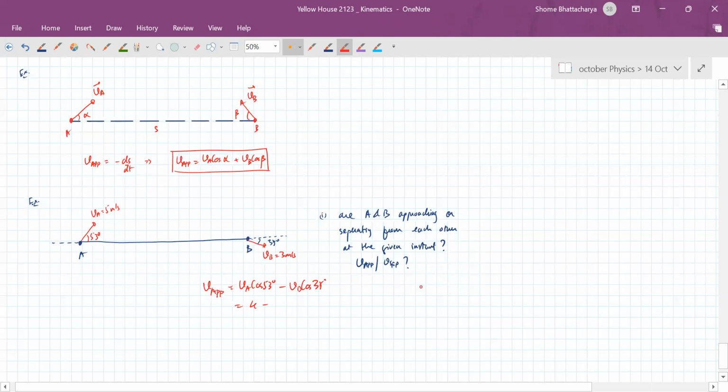So this will be how much? It will be 3 into cos 37. So that is 4 by 5. 12 by 5.